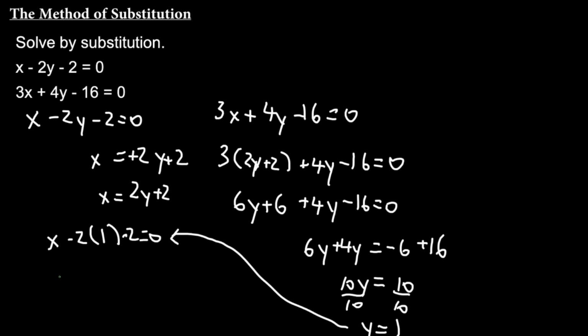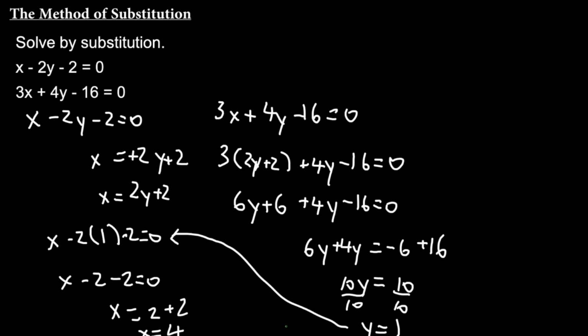X, negative 2 times 1 is negative 2, minus 2 equals 0. X, let's leave it on the left side. We'll bring across the negative 2 and the negative 2 to the other side. So we'll get positive 2 plus 2. X equals 4.